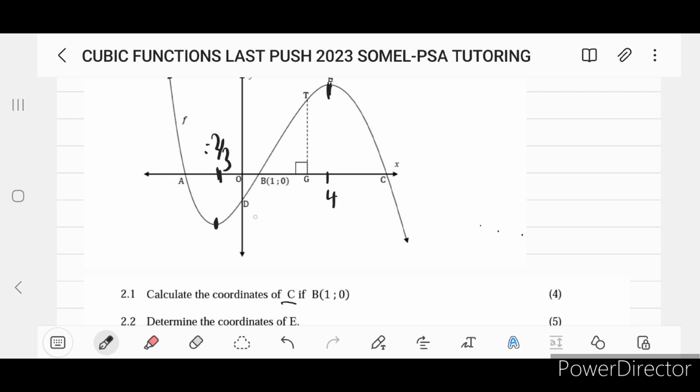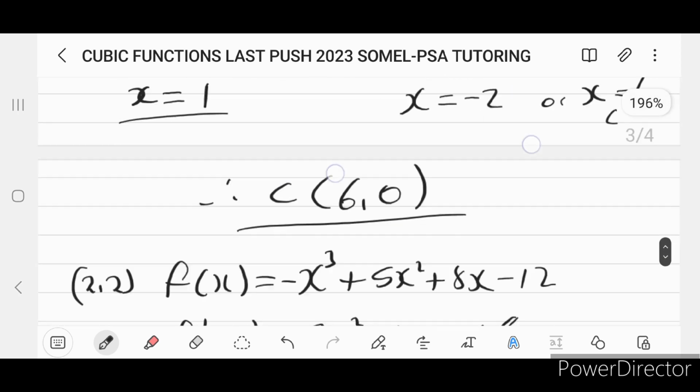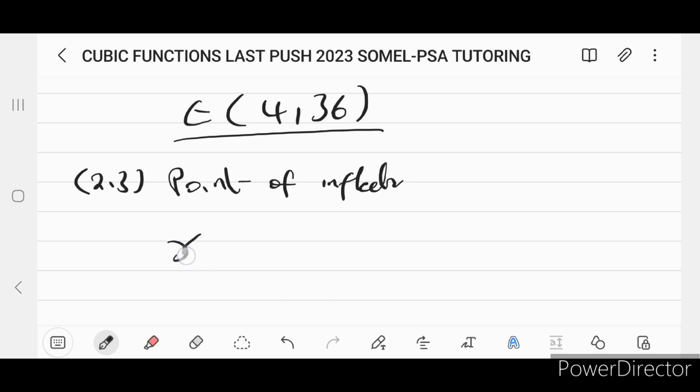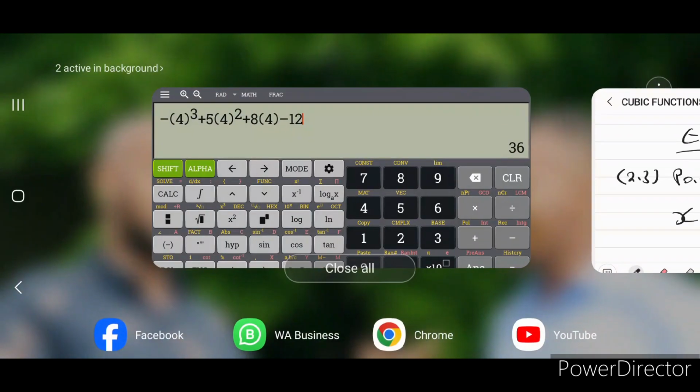It will give me the middle number. So I will say x equals negative 2 over 3 plus 4, all divided by 2. I just need the x value of the point of inflection.